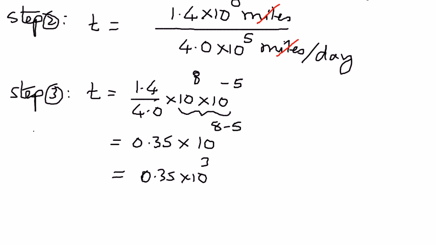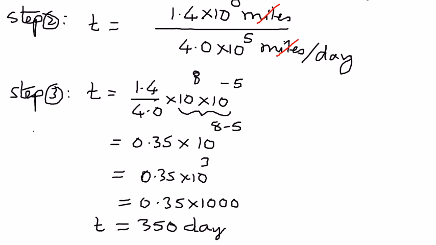So 10 to the power of 3 is nothing but 1 followed by 3 zeros. When we take 0.35 and multiply by 1000, that is equal to 350. So time is equal to 350, and we get the value in days.